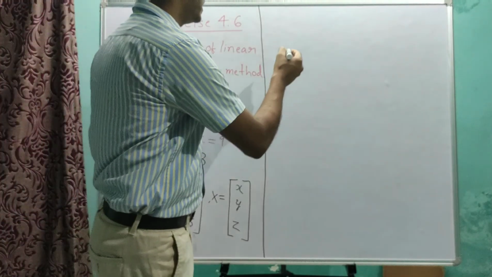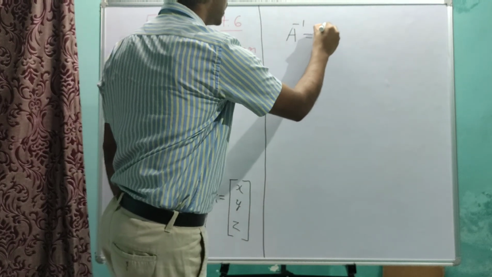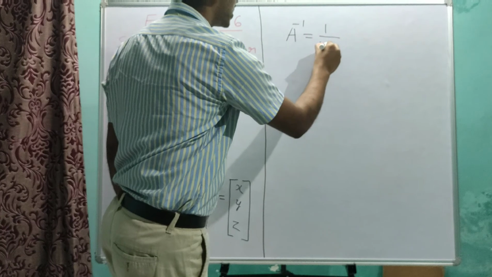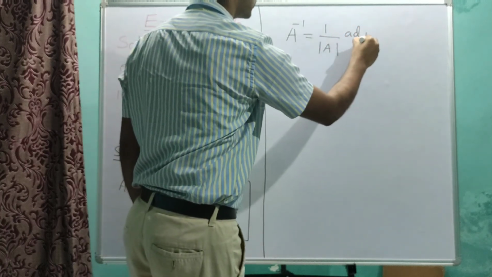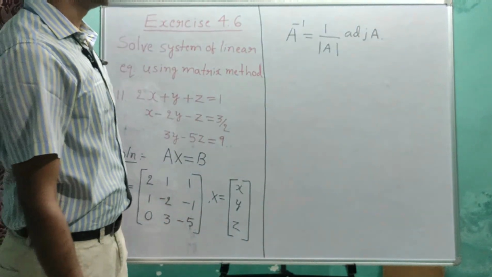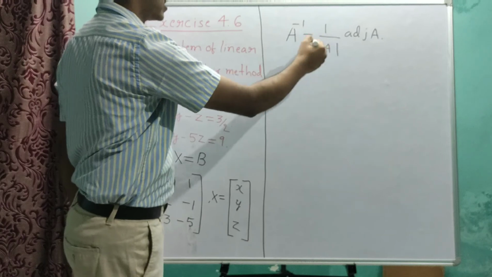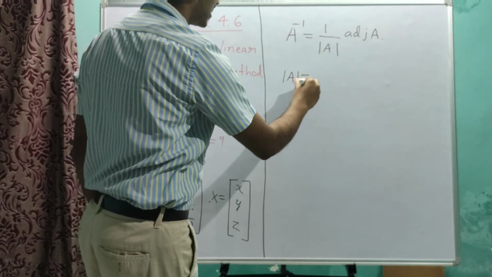We know that A inverse is equal to 1 by determinant of A into adjoint of A. So already we obtained the value of determinant of A, that is 34.